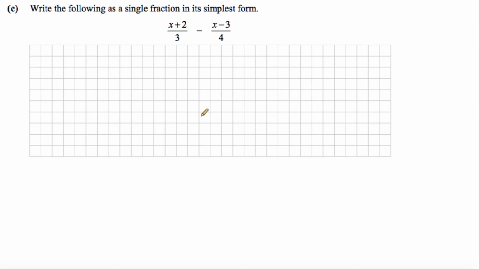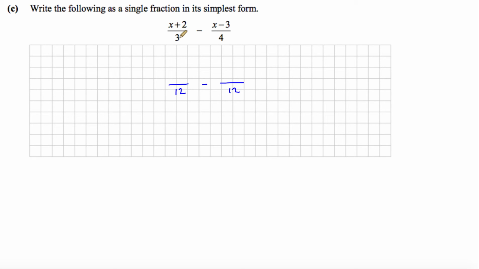Okay, part C says write the following as a single fraction in its simplest form. Okay, so if we're subtracting fractions, what we want to do is find the common denominator. So the lowest common multiple of 3 and 4 is 12. So I'm going to change both of these to fractions over 12.